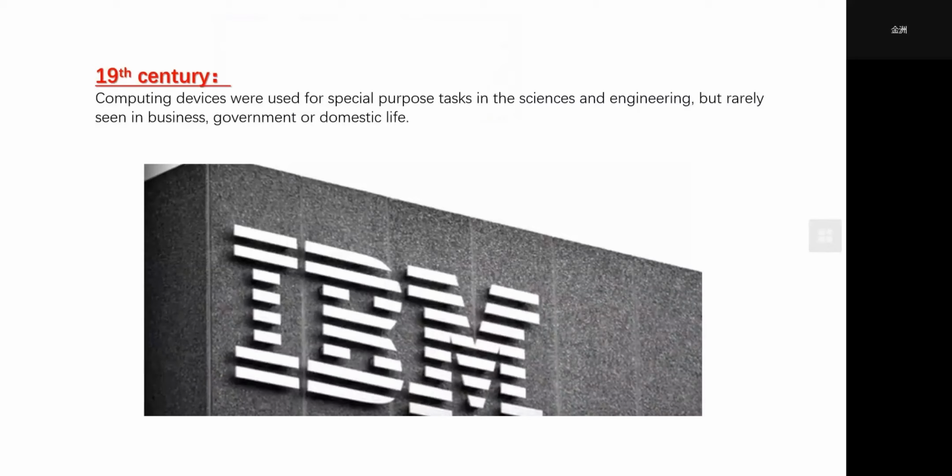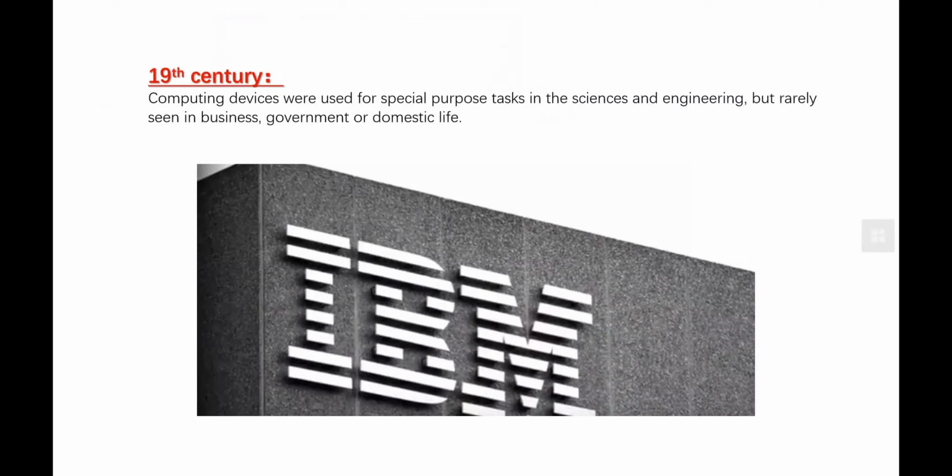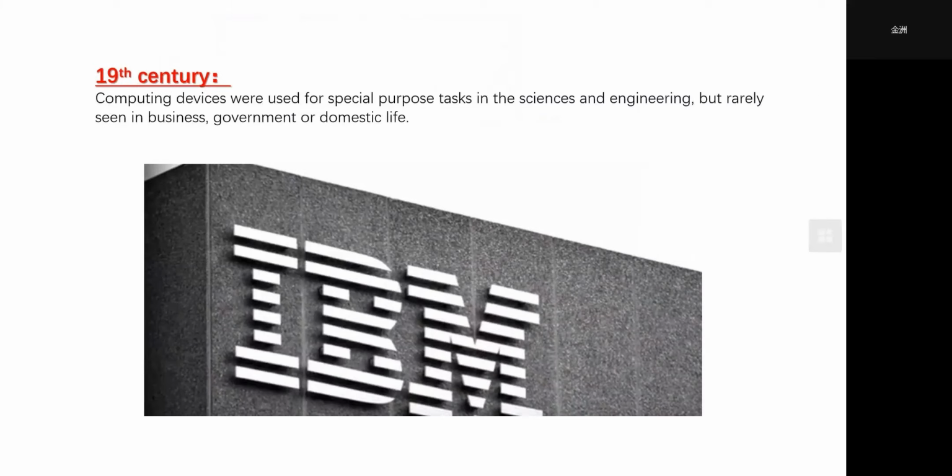Okay, so until the 19th century, at the very beginning, computing devices were only used by the army, for example to calculate and create weapons for wars.